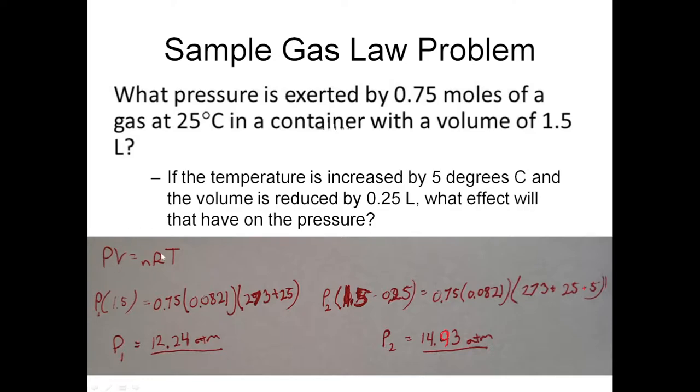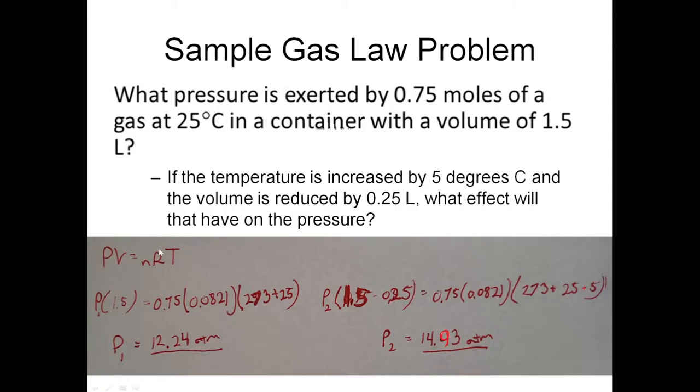But let's say that you leave N, R, and T alone, and instead you change the volume. P and V are inversely correlated in this formula. If N, R, and T remain constant, so let's just say the entire right side of this formula equals 1, for simplicity's sake.